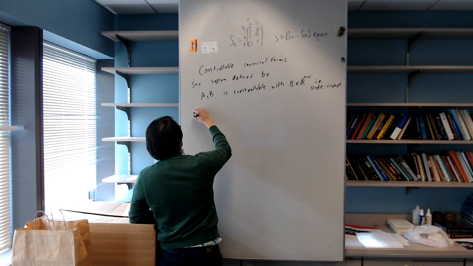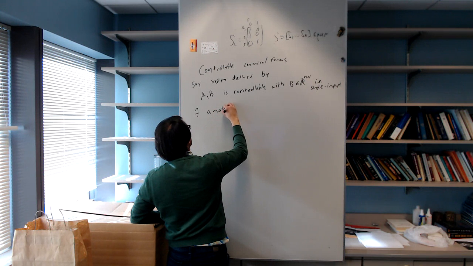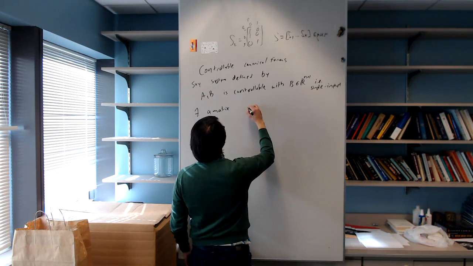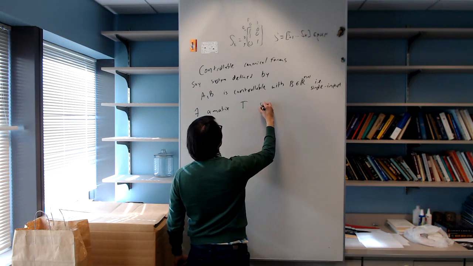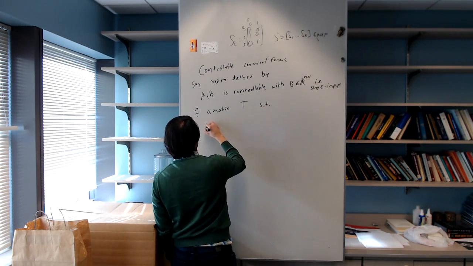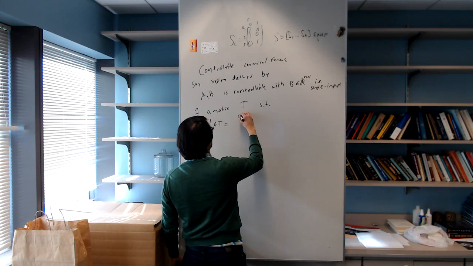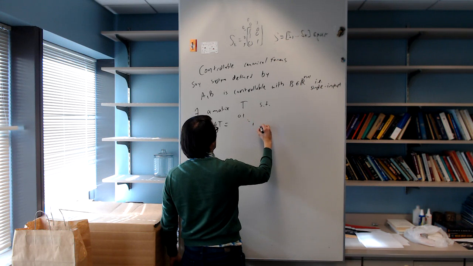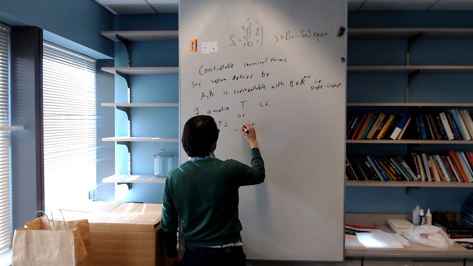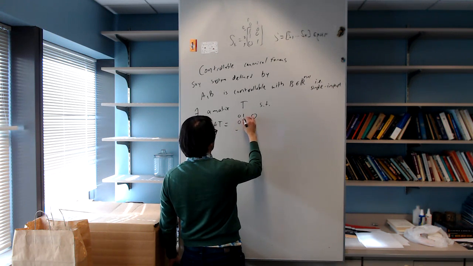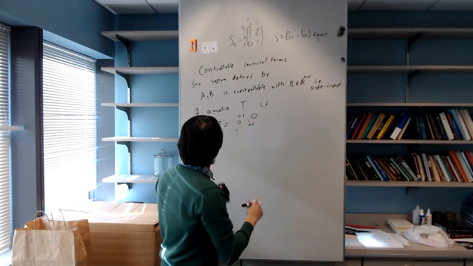So there exists a matrix T, such that T inverse AT is equal to 0, 1, 1. So we're going to have these zeros up in here and the ones over in here. So this is our companion matrix. We got zeros above this diagonal and zeros below this diagonal.